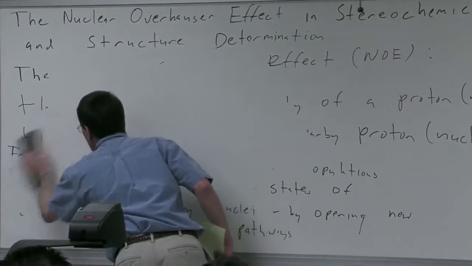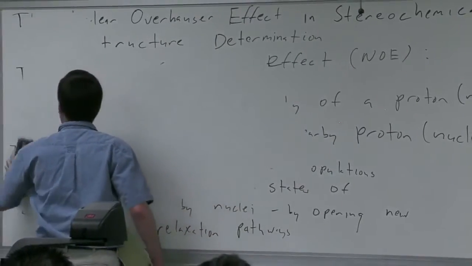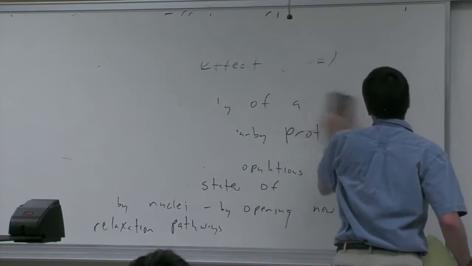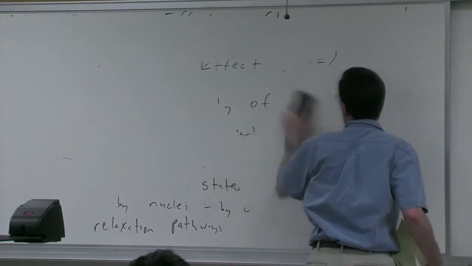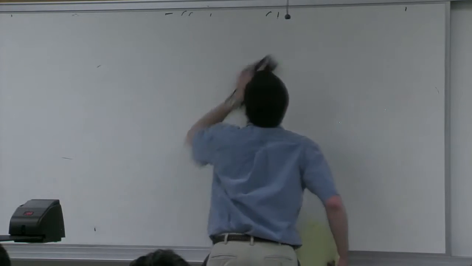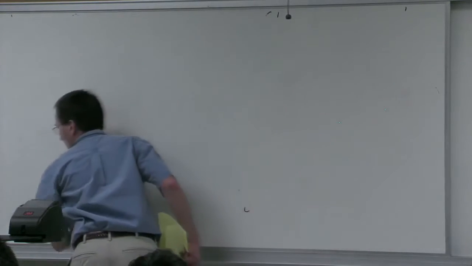Anyway, before I give you a real example, and we then look at some NOESY spectra, I just want to show you one other point, and it ties in to thinking about problems that you might encounter.